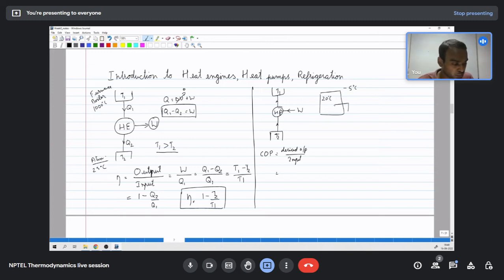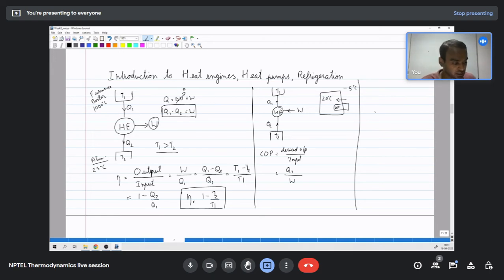So we put a heat pump so that we can pump this heat from a low temperature reservoir to a high temperature reservoir, and then we maintain this room temperature at 20 degrees Celsius. So this is just the opposite of refrigeration, which we'll talk about next. So here the desired output is Q1 and input is W.